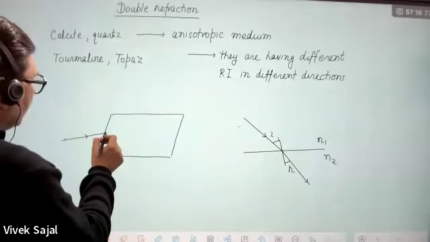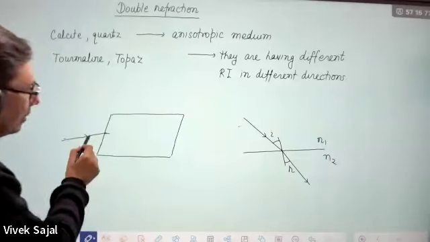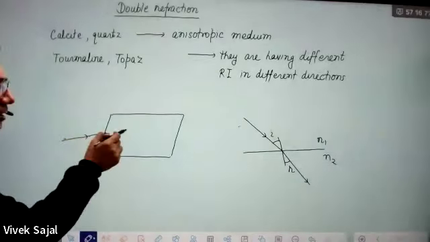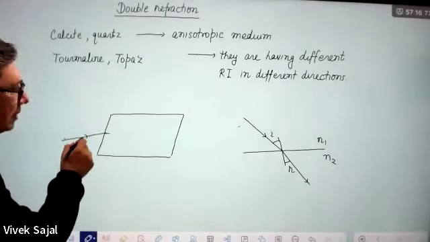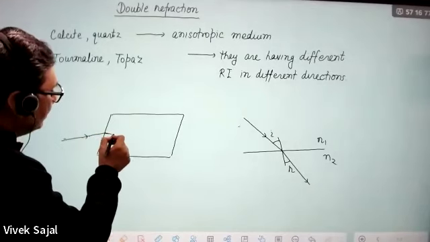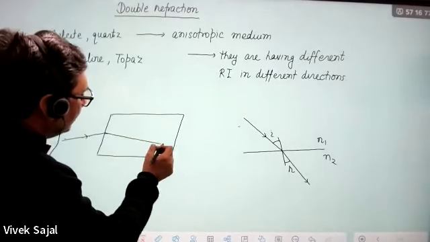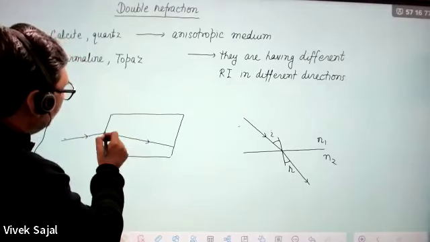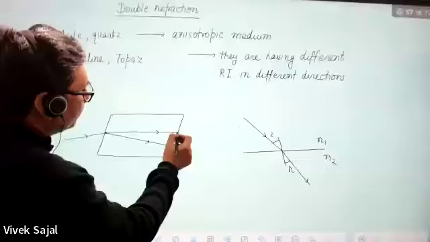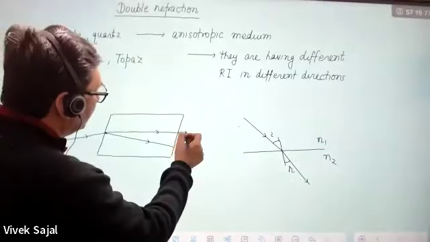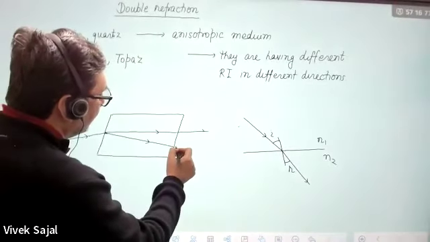Then you will observe that for one incident ray, in this medium there will be two refracted rays. When they emerge, they will move like this.